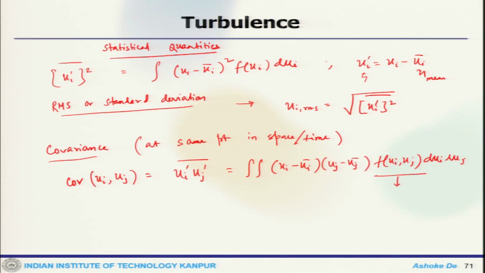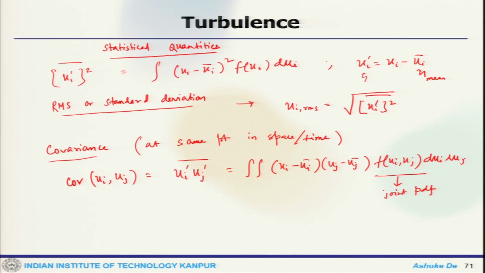This function is called the joint PDF. This concept of the probability density function should be quite handy again when we look at some PDF based combustion models.